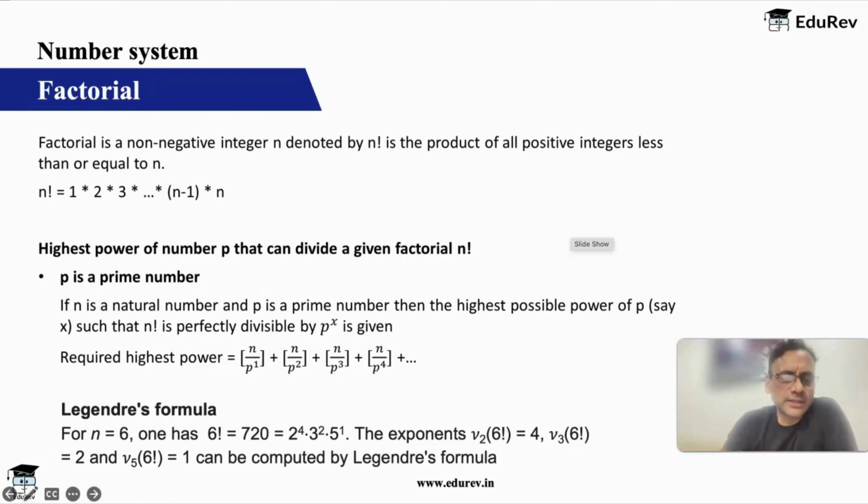Now, factorial is nothing but a very simple concept. Factorial of a number is the product of natural numbers starting from 1 up to that given number. As simple as that.